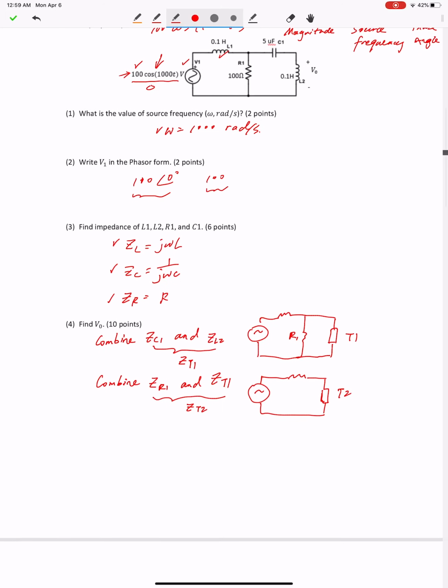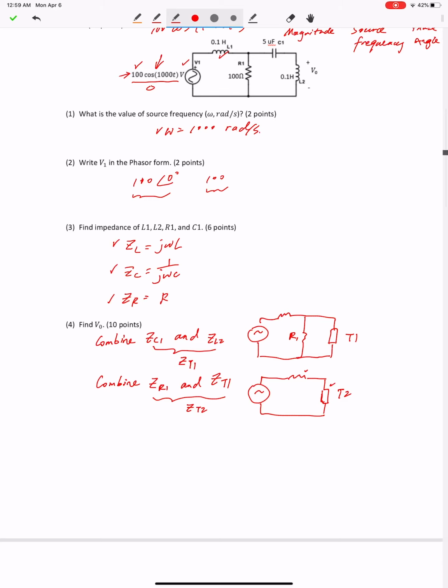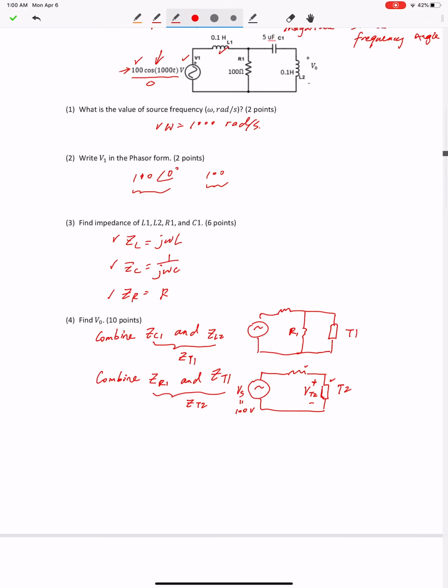At this step, you don't need to combine these two components, because now you can use the voltage division law to find the voltage across ZT2. Let's name it VT2. This is Vs, and Vs is 100 volts, the phasor form. ZL1 you can find by using this formula, and you have the value for ZT2.